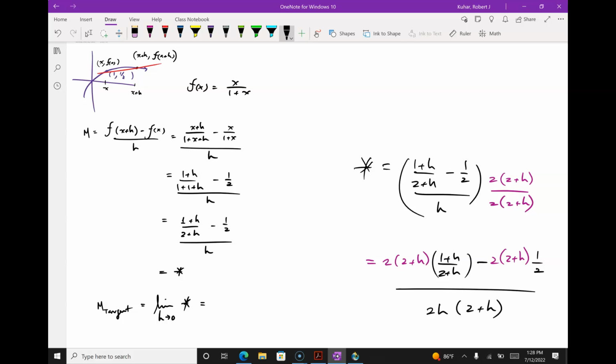Everybody with me? I'm distributing this piece in each fraction, each numerator in the numerator, and I'm not going to simplify.